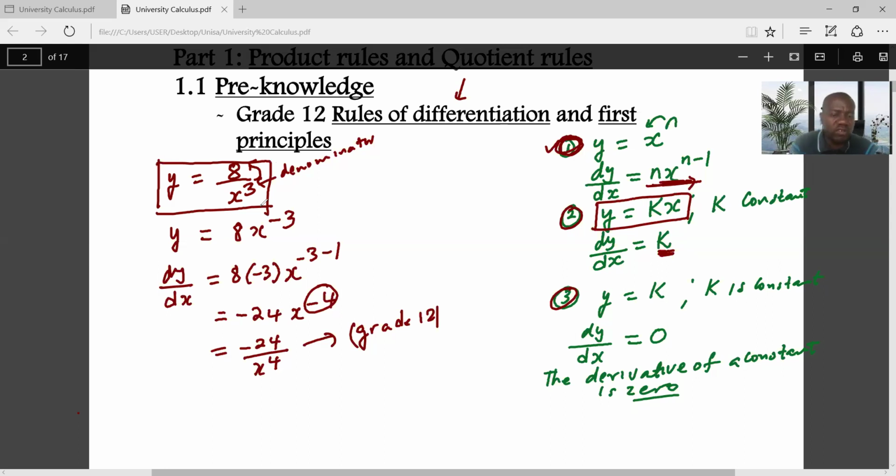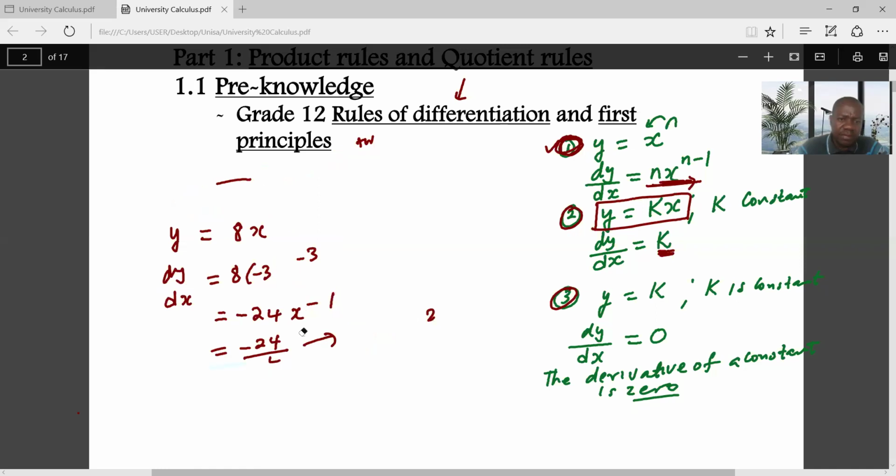So this is what we wanted to talk about now, ladies and gentlemen. I was just addressing what you have learned in grade 12. Number 1, we dealt with first principles. And secondly, the rules of differentiation, like the one I just mentioned. So let's now take this further to what we call the product and quotient rule, ladies and gentlemen.